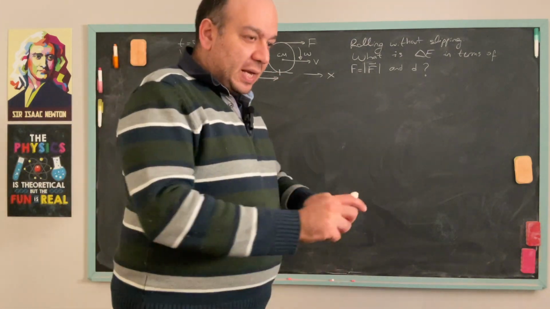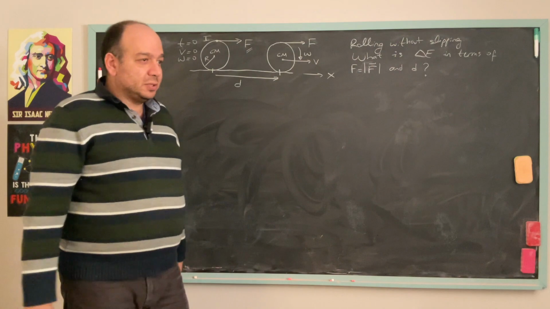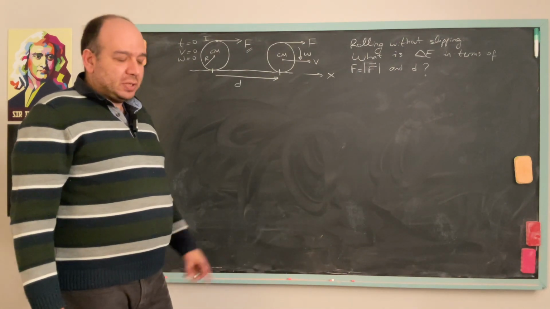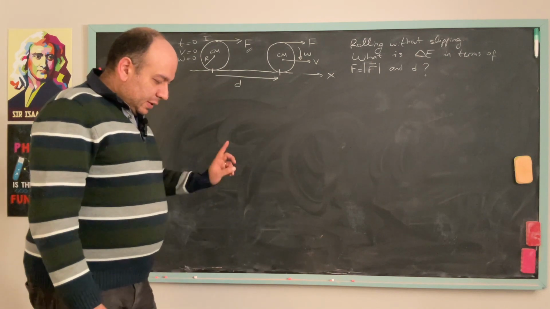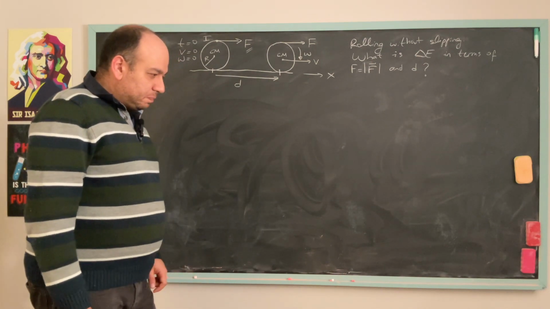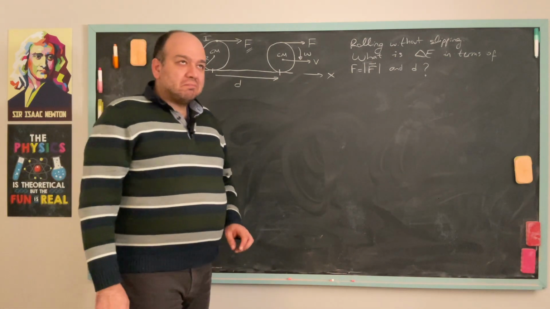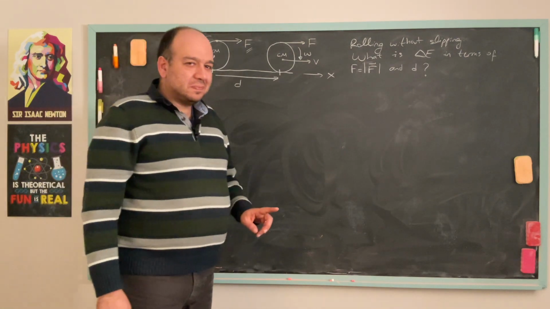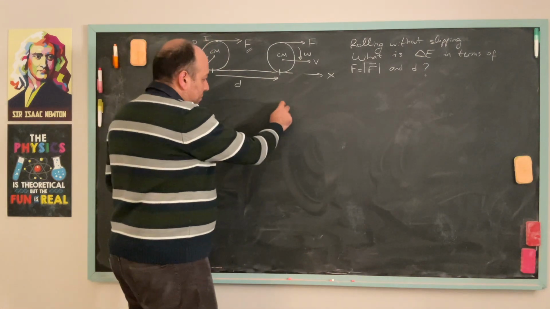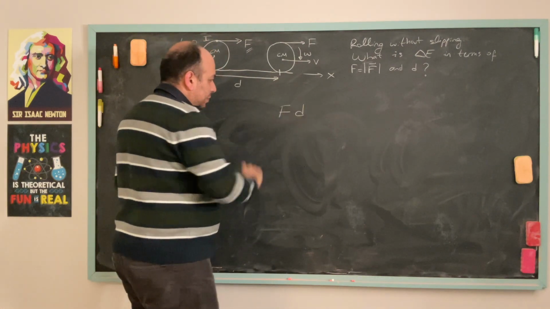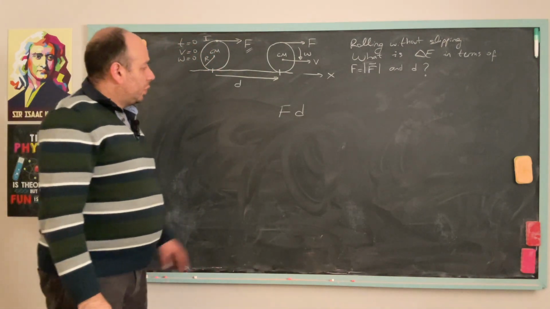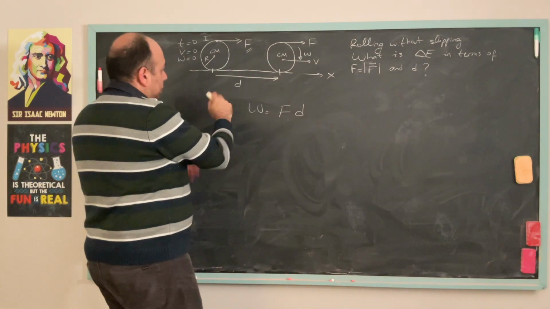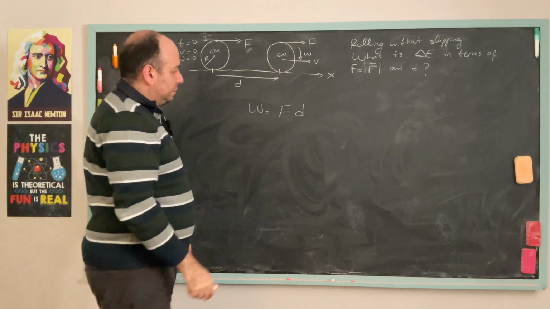F is the magnitude of this force and d is the distance traveled. Any ideas what the answer could be, without solving the problem? Just think about it. How about F times d? Could it be the answer? Because the work done by this force could be F times d.